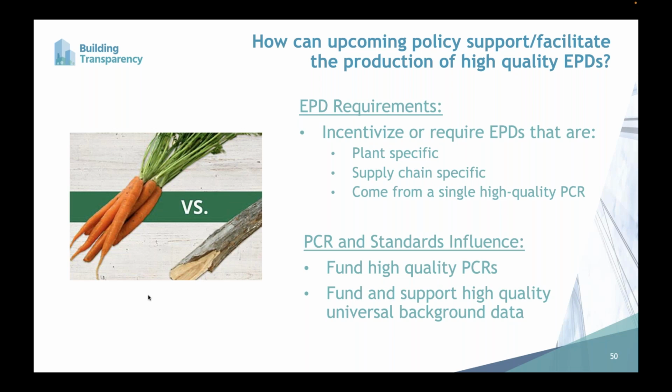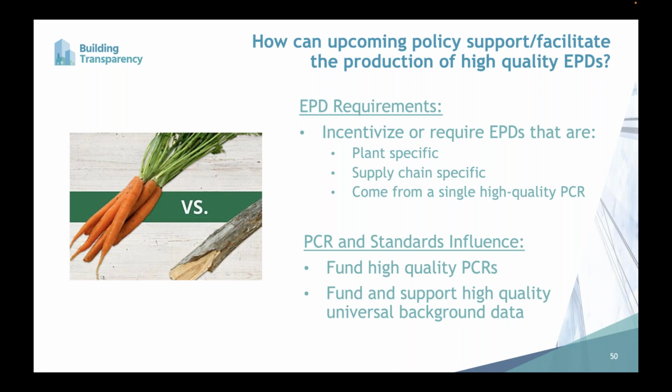It's the carrot versus the stick. We're seeing this now with the EPD grant program that has rolled out millions and millions of dollars to help create EPDs, the PCR guidelines that the EPA has given, but really it's to incentivize or require EPDs that are plant specific, supply chain specific, and come from a single high quality PCR. And the PCR and standards influence by funding high quality PCRs and funding and supporting high quality background data.